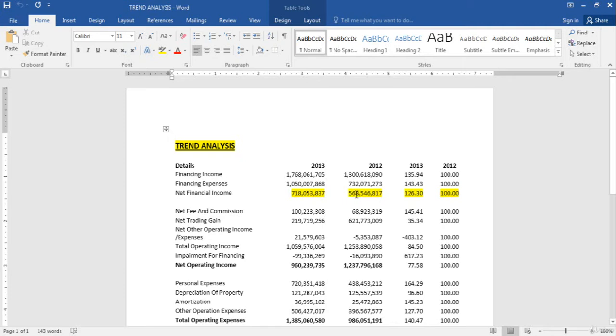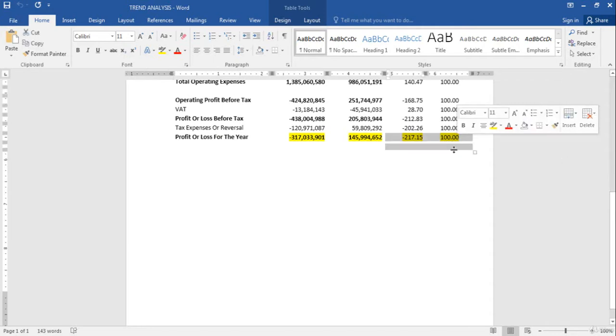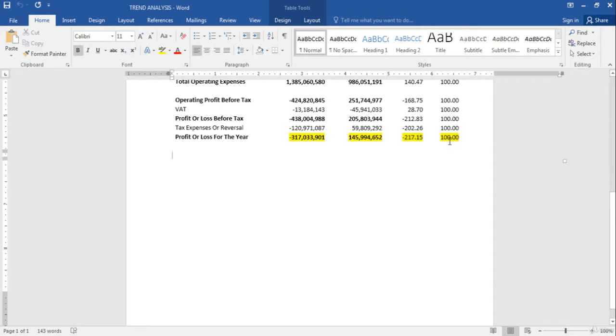If you look at 2012, 100% of net financial income, but in 2013 it increased to 126.3%. Likewise, if you look at the final one, in 2012 it was a profit for the company, but in 2013 it's a loss.